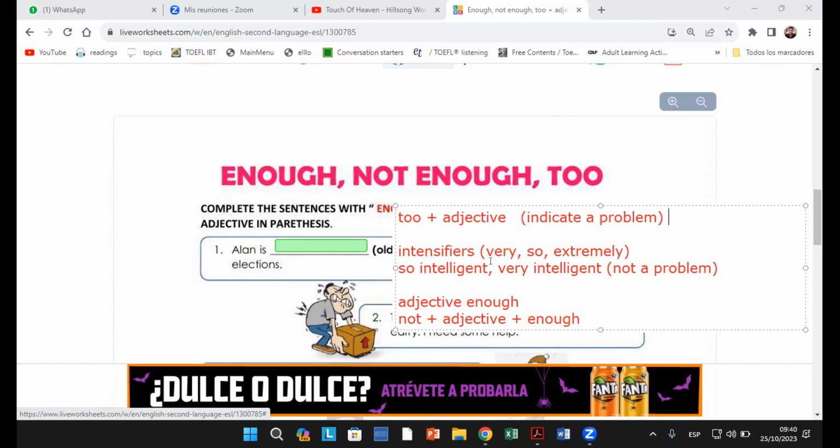But these are the most common, very, so, extremely, okay? So when you use an intensifier, there is no problem. But if you say too, it indicates a problem, okay?